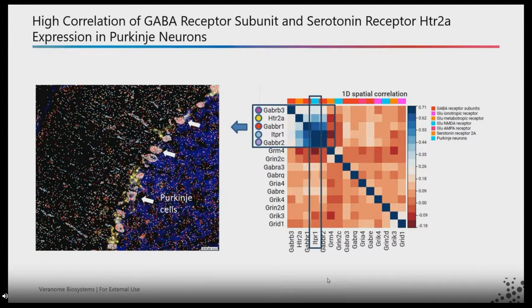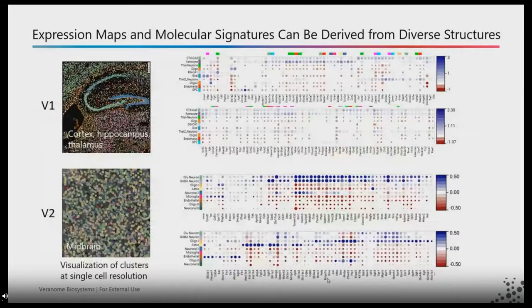So it's really a very quick and easy way of looking at expression profiling at a co-expression level. Of course, the system can do a lot more than that.